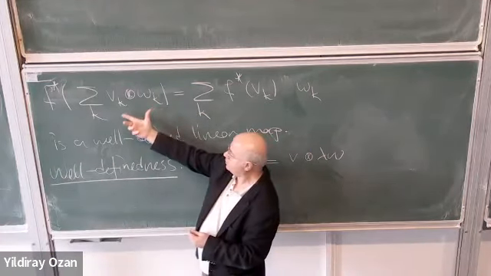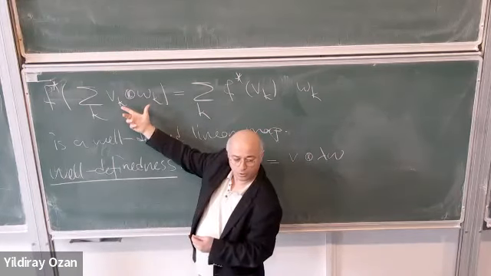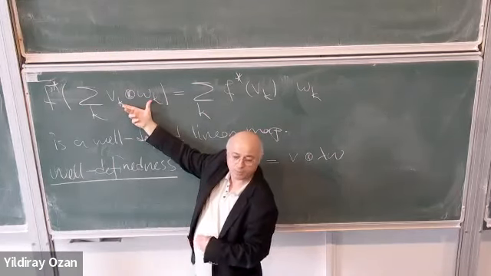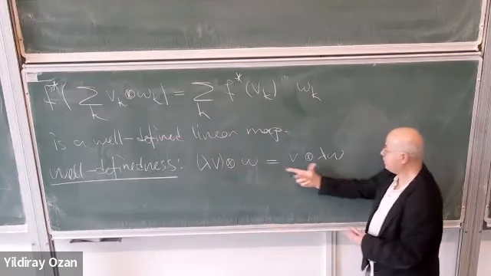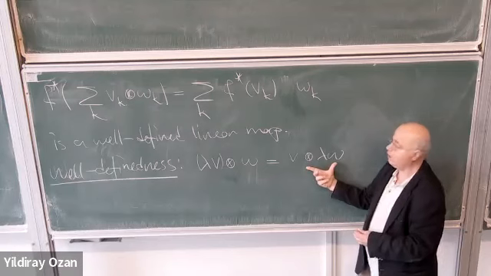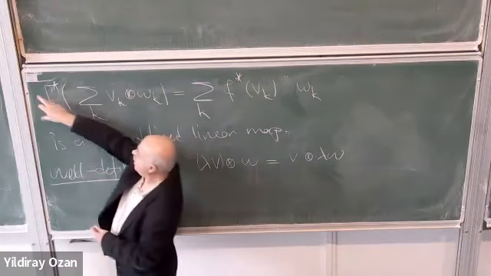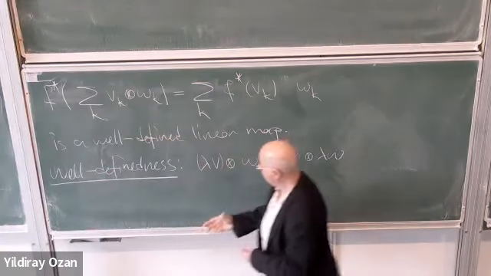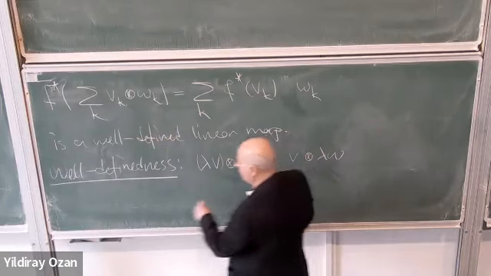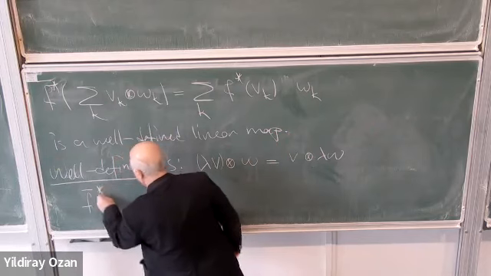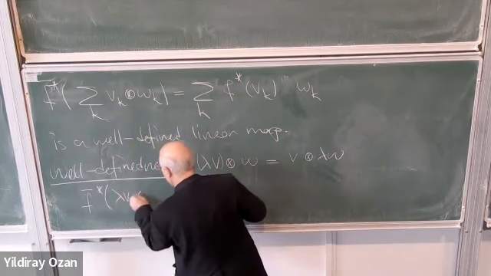What if I replace this form with something equivalent? Will F bar star take the same value on this one and on this one? So let's check them. F bar star on this side.